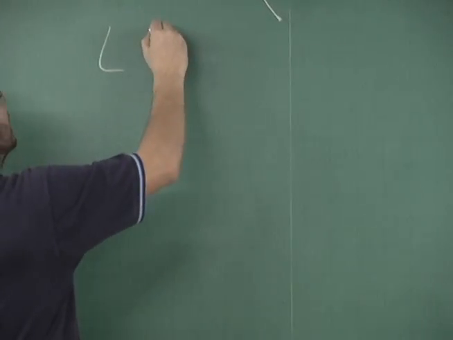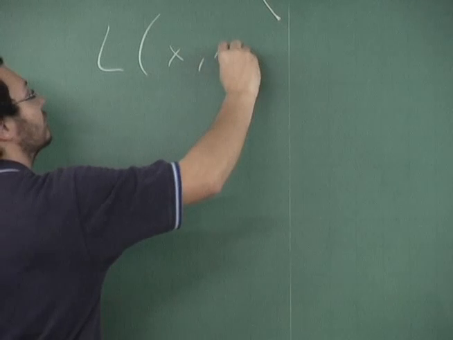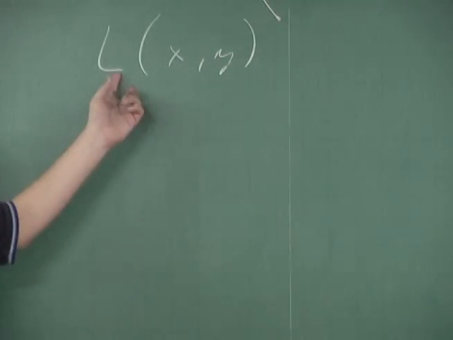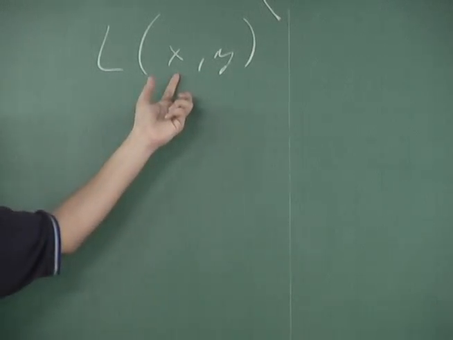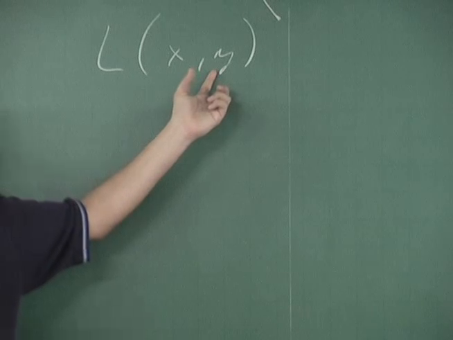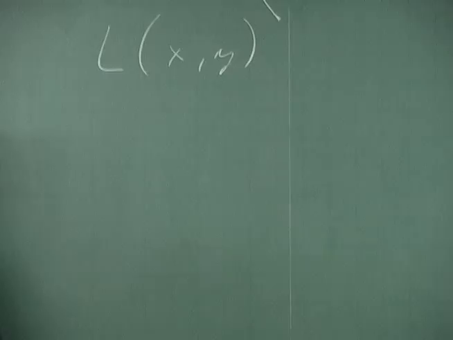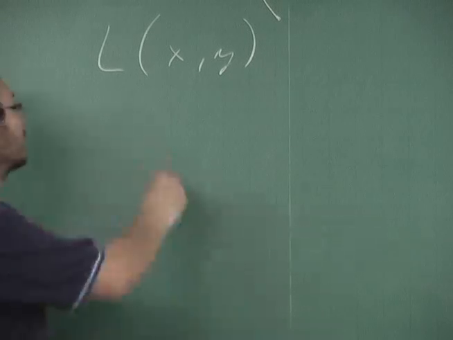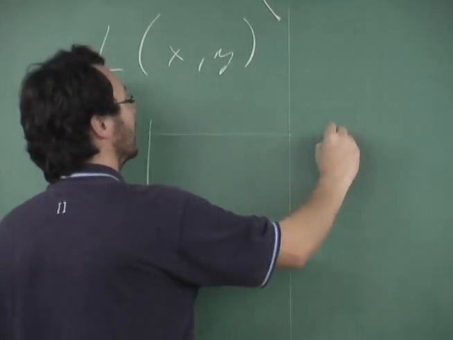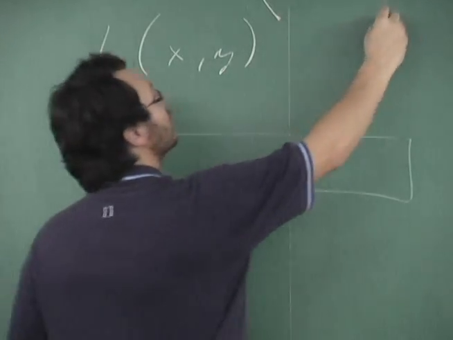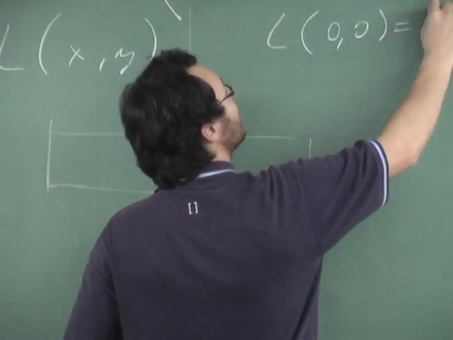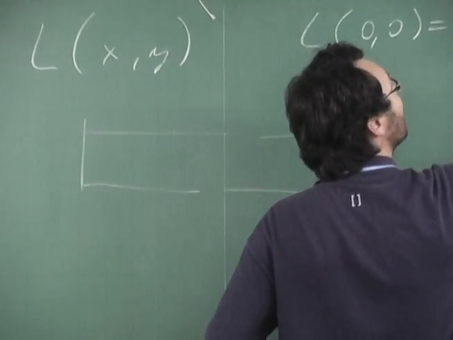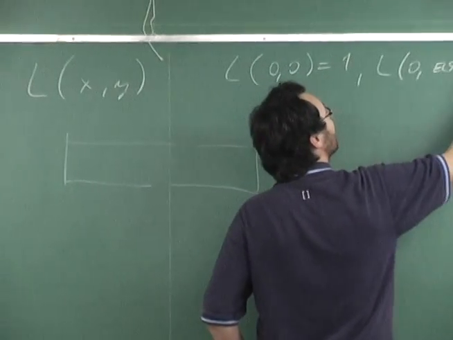What we will do is we will denote L(X, Y) the number of such strings where the length is X and the parities are encoded into the bits of Y. And to compute this number, well, the starting condition is L(0, 0) is 1, and L(0, anything else) is 0.